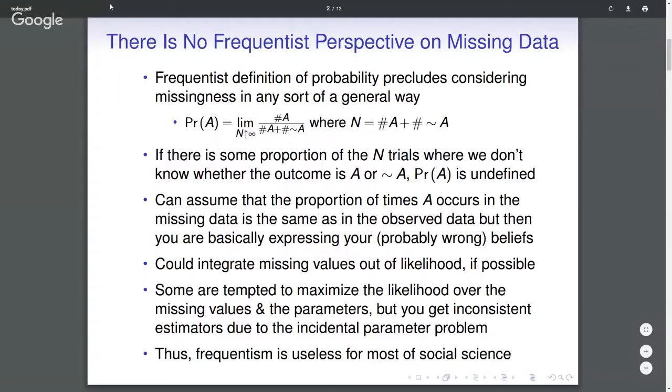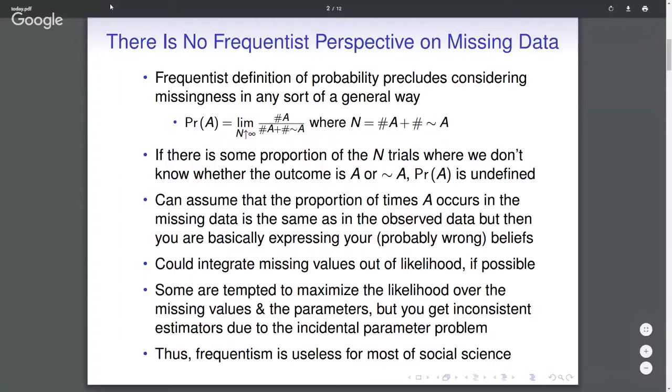Okay, that's kind of a weird way to define probability, but it immediately doesn't work if, in that imaginary process repeating over and over again, there's some non-zero proportion of the trials where we don't know whether the outcome is A equals 1 or A equals 0.